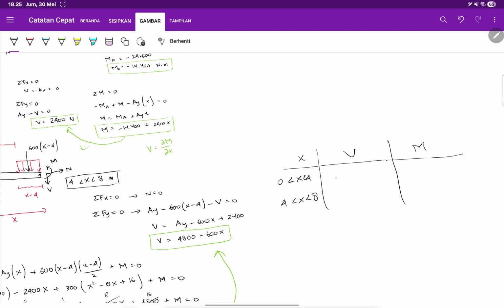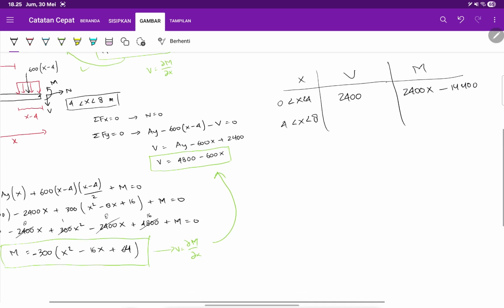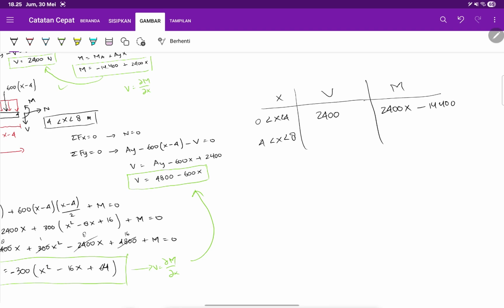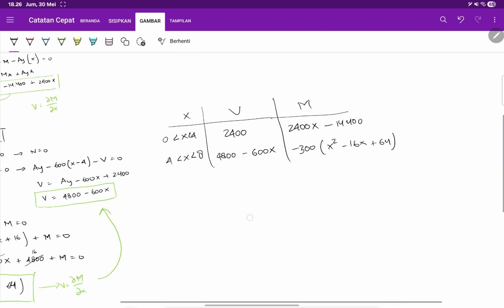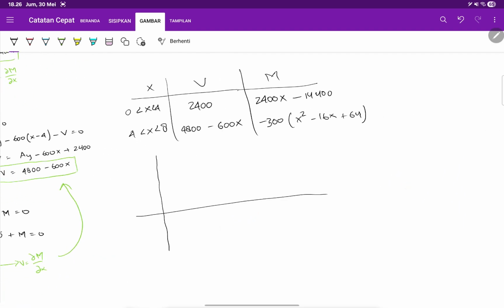Your V is 2,400, and then for this one the moment will be, okay, and then here my V will be 4,800 minus 600x, and this becomes minus 300 x squared minus 16x plus 64. Okay, and then you can draw this if you want.